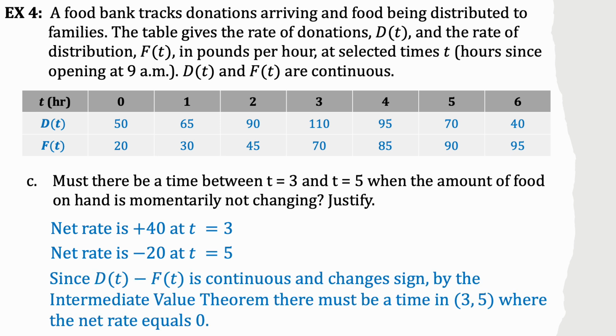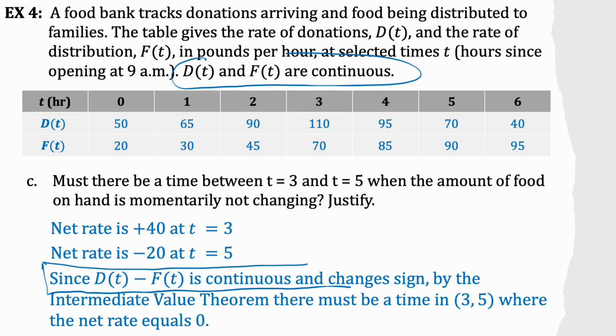Therefore, since D of T minus F of T is continuous. It's important to say that D of T minus F of T is continuous. We know that because D of T and F of T are continuous, so you can add and subtract the functions. That provides the basis for the next part of your justification.